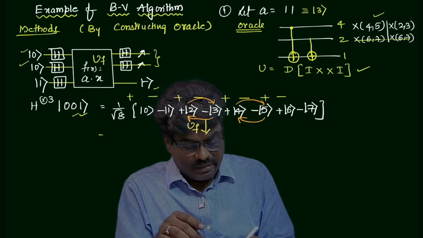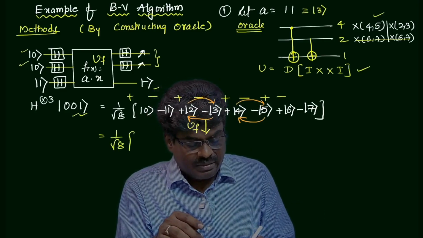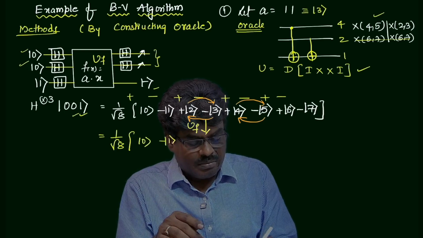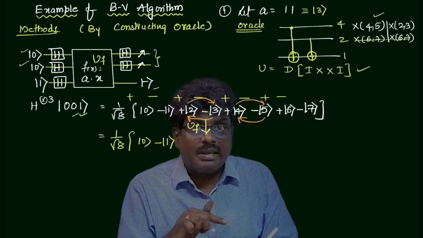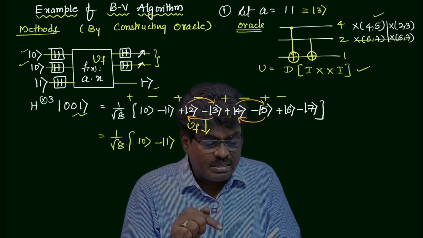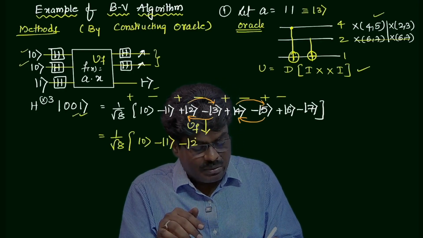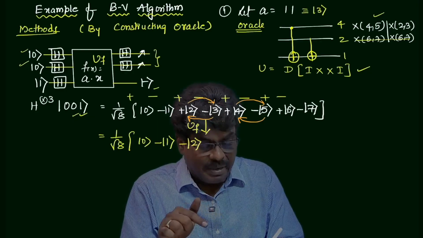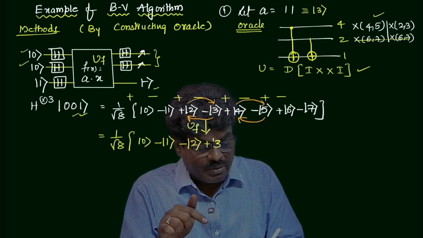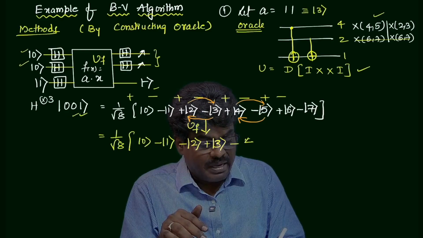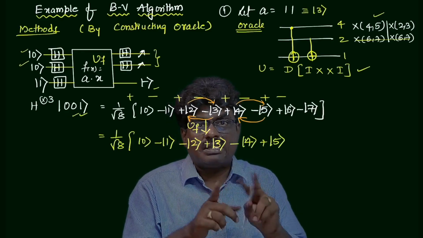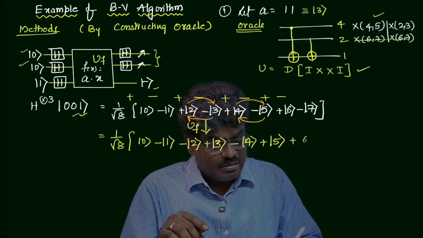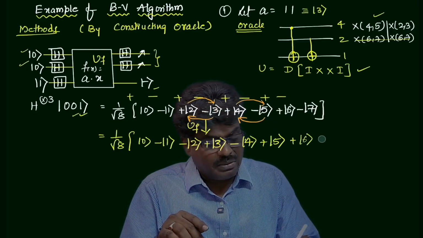So here we get 1 over root 8 times (0 minus 1. Earlier the phase of 2 was plus, but now it becomes minus 2. Earlier for 3 it was minus, now it becomes plus. I hope you understand the meaning of this. Now this is minus 4, so plus 5. Just interchange the phase factors. 6 stays as it is, and 7 also stays as it is.